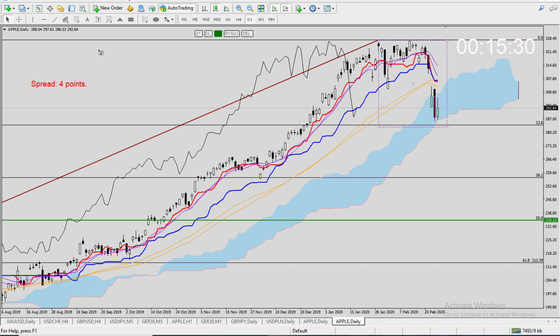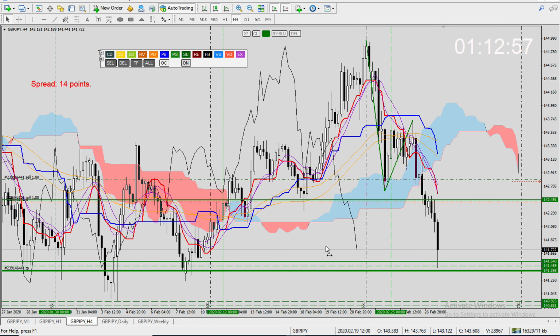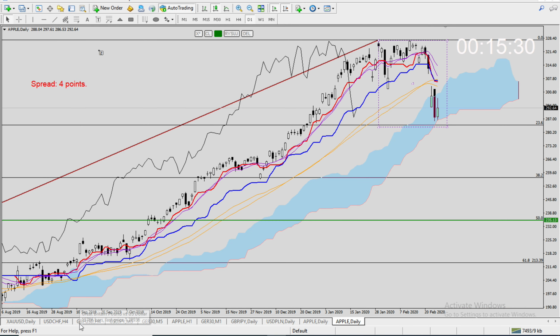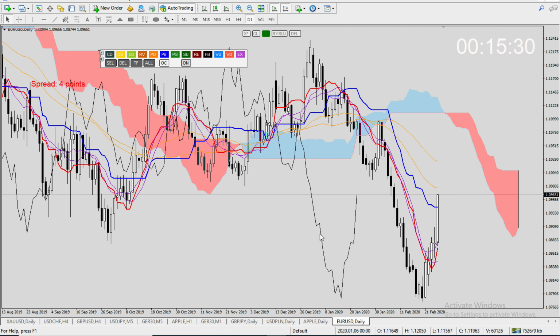As well, we can have a quick look on EURUSD, because this is interesting as well. It's going strongly up.